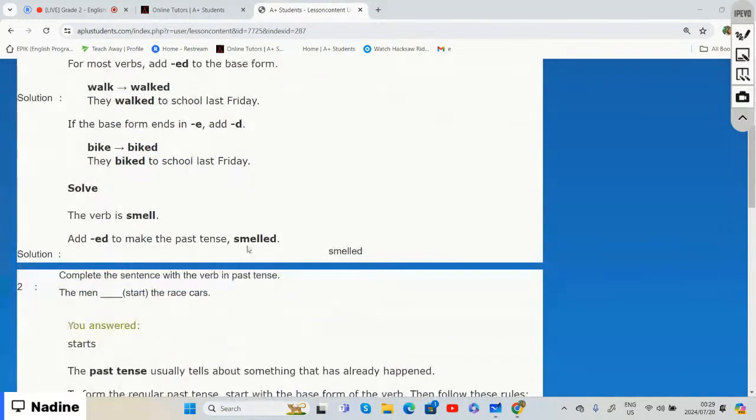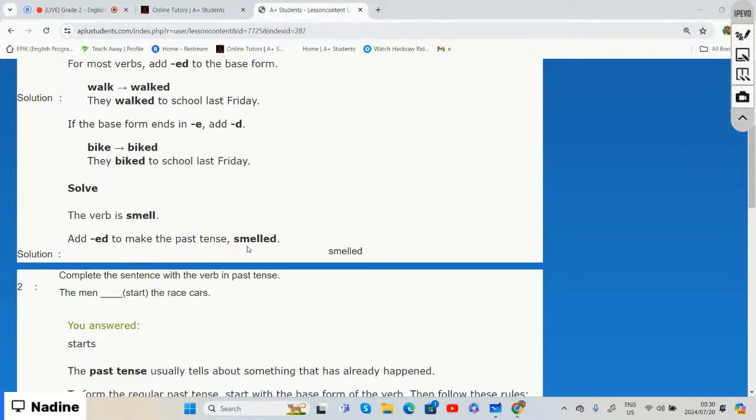All right, we're looking at the next one. It says the men start the race cars. We need to change that word into our regular past tense.